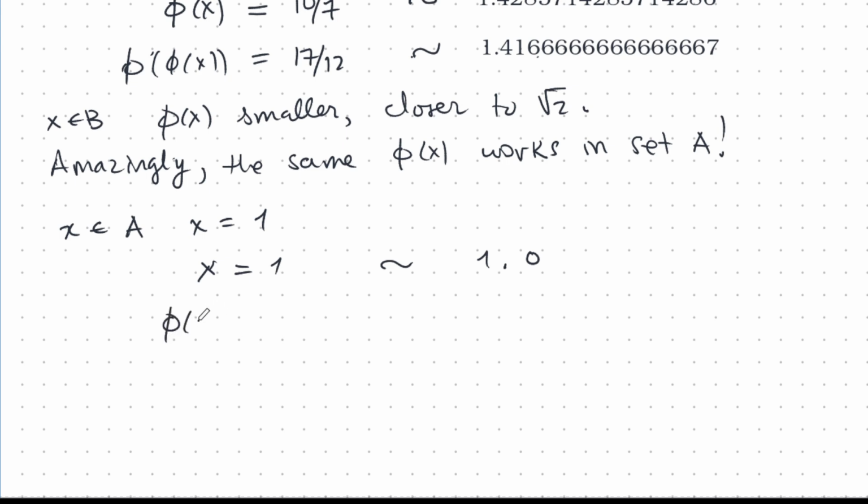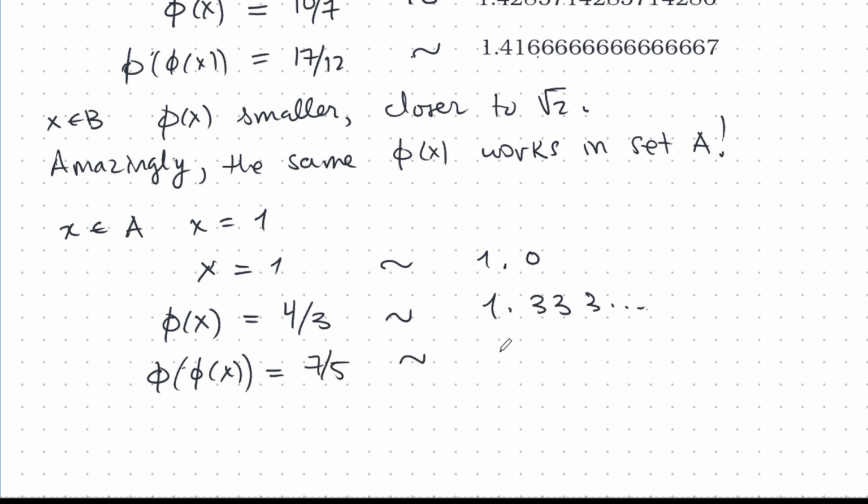And now let's compute phi of x. What's that? That is 4/3. This is approximately 1.333 and so on. And now compute phi of x, another approximation. And this is 7/5, which is 1.4. So you see, it's getting bigger and closer to root 2.